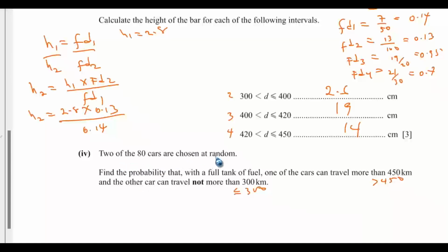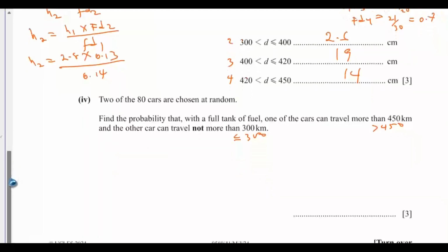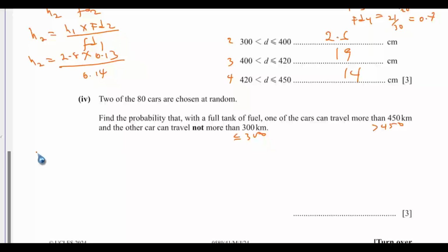Okay, so this is done without replacement. Because you are selecting two, you select the first one and you select the second one. So the probability will just be this. Okay, it's a two-way thing. So you can say the probability of the first one is greater than 450 and the second one is less than or equal to 300, or you select this one first.